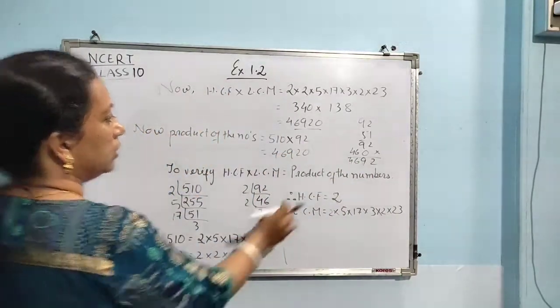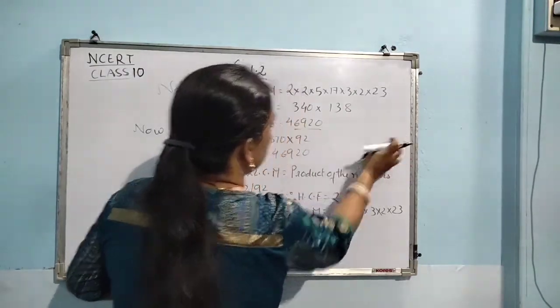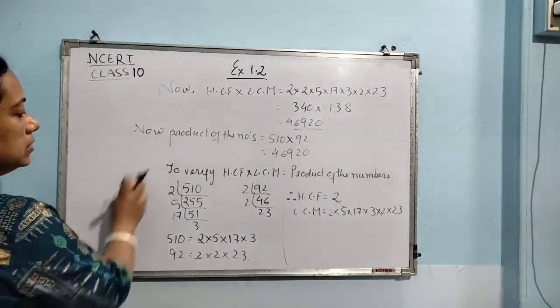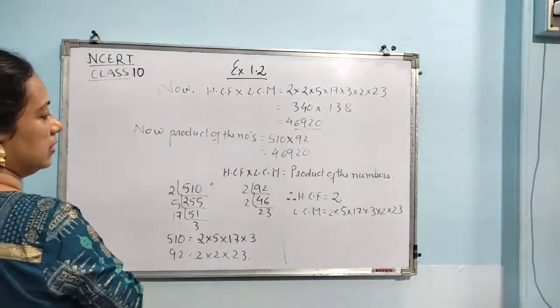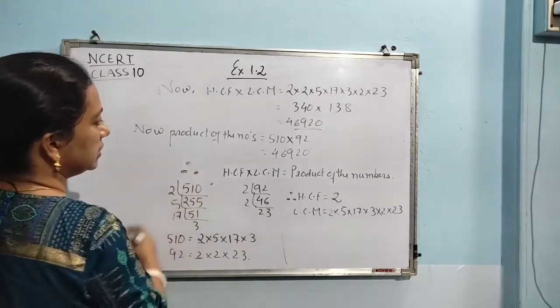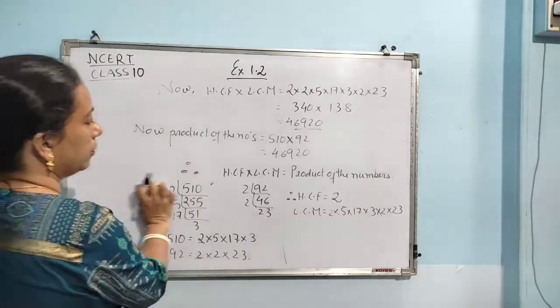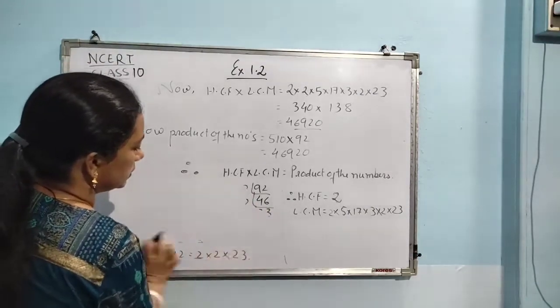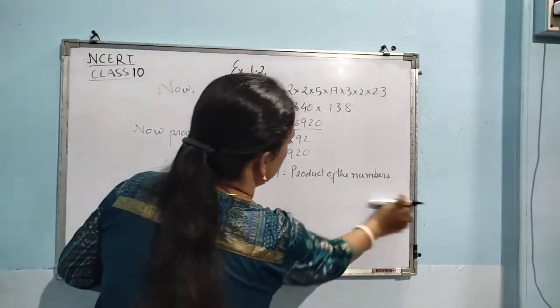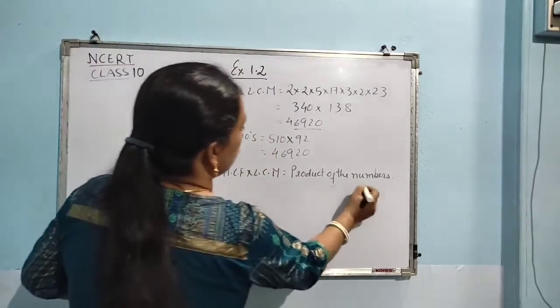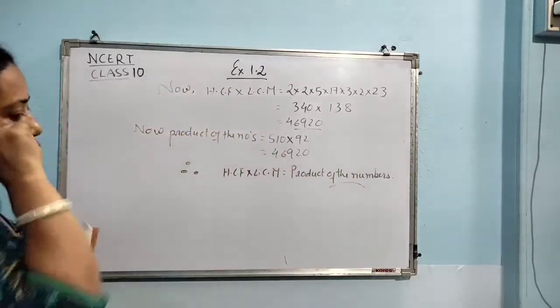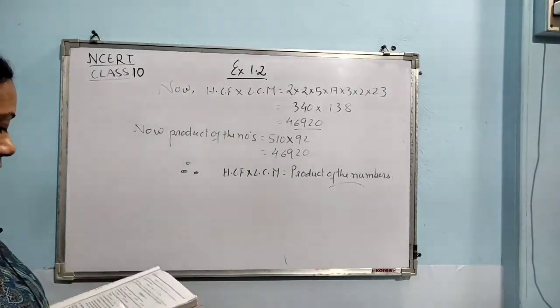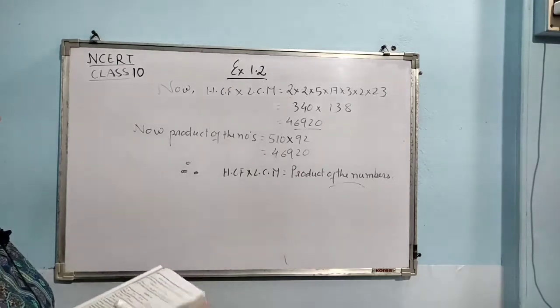Isn't it? We got it. So in both the cases we are getting the same answer. Therefore, just write: therefore, HCF into LCM is equal to the product of the numbers. So we got it. You have two more sums under this particular question, so you can go for that one the same way.